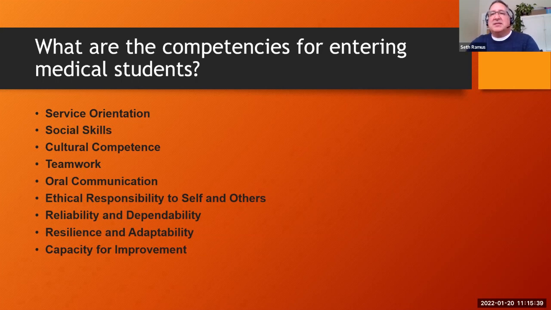Teamwork, right? You can get teamwork in all kinds of ways, and the way that you choose to get it is about you. You can show that you understand teamwork through participation on a team. Team sports, medicine is a team sport. That's why teamwork's important.